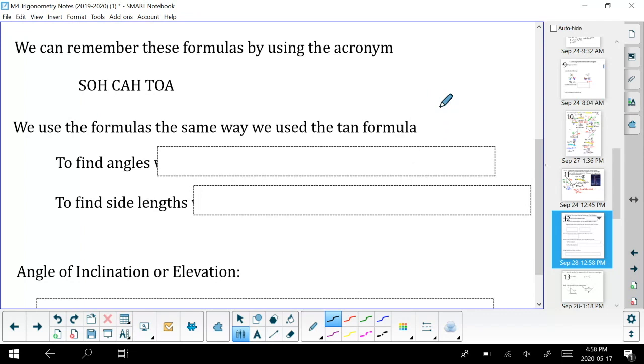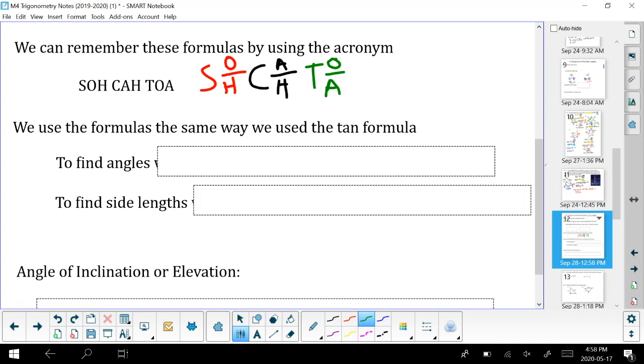We know that the sine is equal to the opposite over the hypotenuse. The cosine ratio is the adjacent side divided by the hypotenuse. And finally, the tangent ratio is the opposite side over the adjacent side.